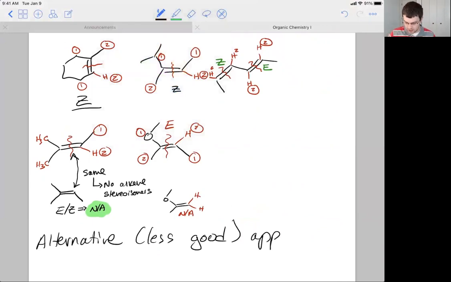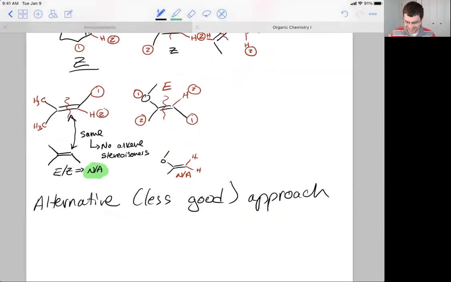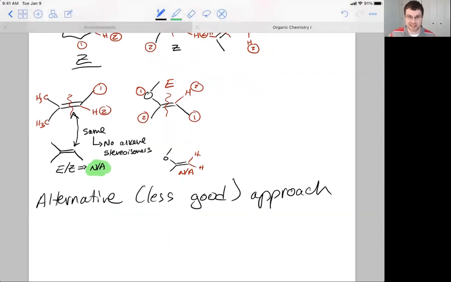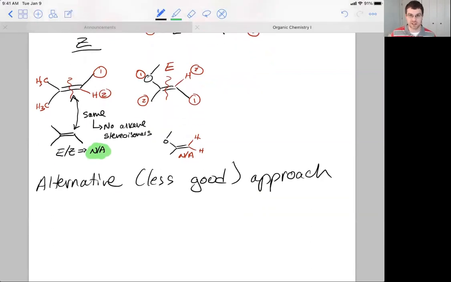And you might say, if that's the case, then why tell it to me if I'm never going to use it? The problem is you will use it. In a lot of very important circumstances, this older, less good approach is used, and I don't really know why, because it's very simple to switch back to E and Z, a system that works for everything. But whatever. This is the cis-trans approach.